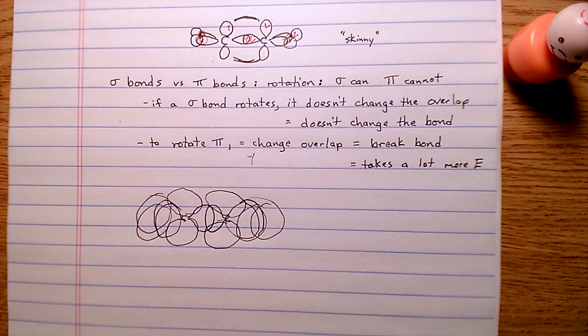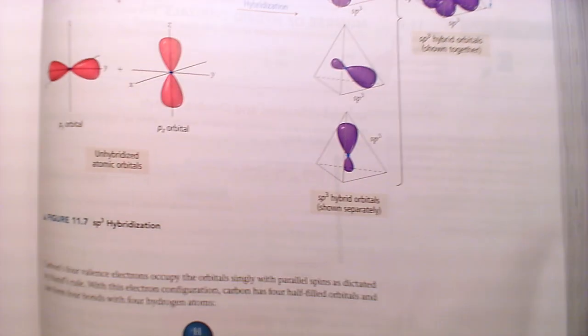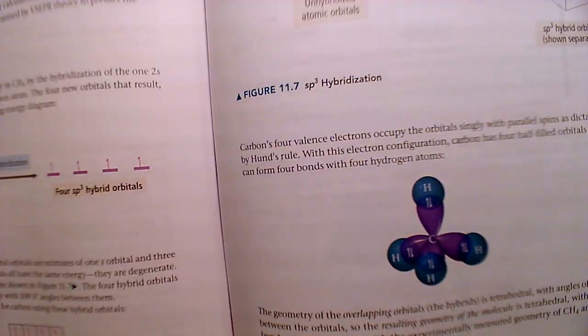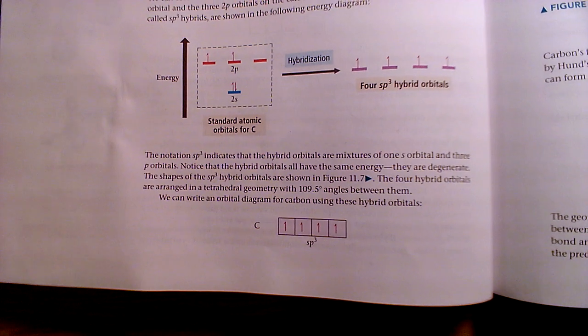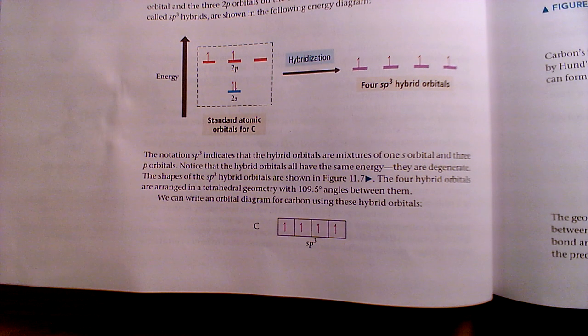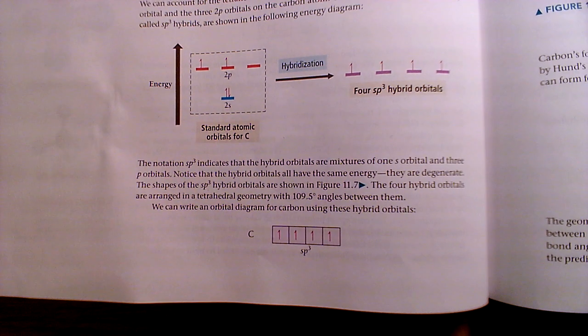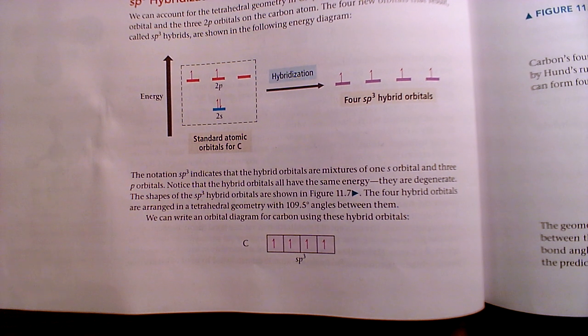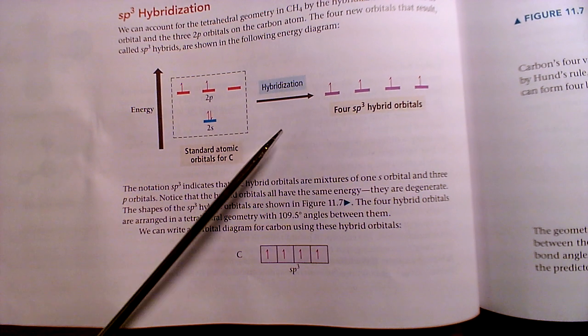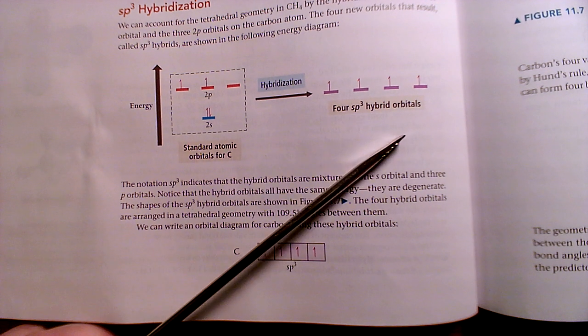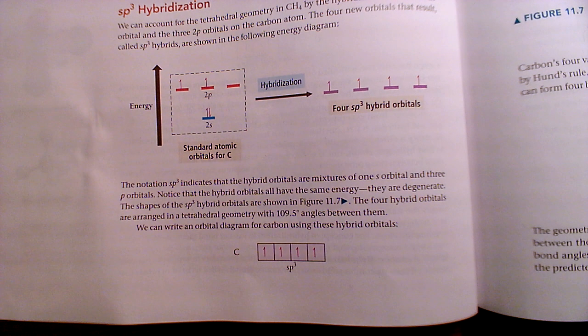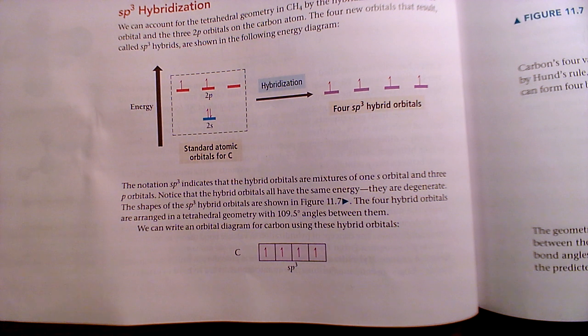All right. Now, if you don't like my drawings, and lots of people don't, you can go to the book. The book has a pretty good, nice, colorful representation of what's going on with these orbitals. Here you've got the hybridization, where you had the 2s and the 2p's, and then their electrons, and then here's our 4 hybrid orbitals, sp3 hybrid orbitals we get out of it, and we tend to draw it like this.